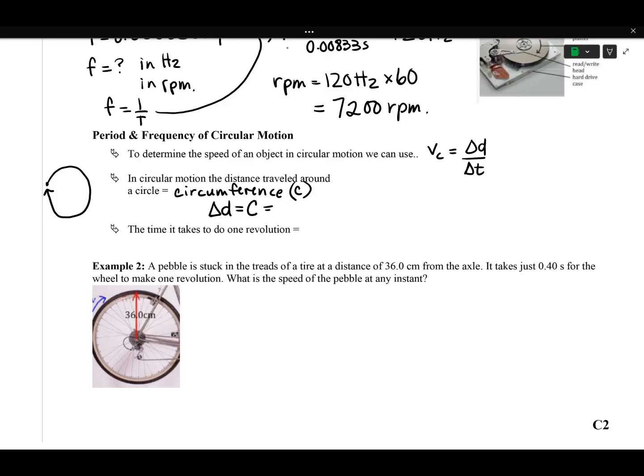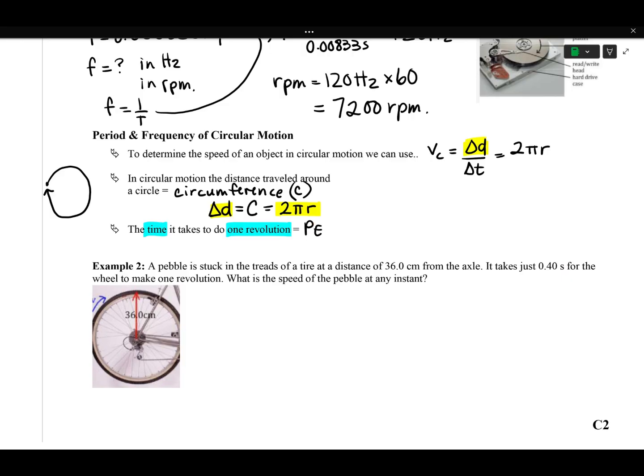The equation for circumference is 2 pi r. So now I can take 2 pi r, which is equivalent to the distance around a circle, and plug it in here. And the time that it takes to make one revolution, we just talked about that.